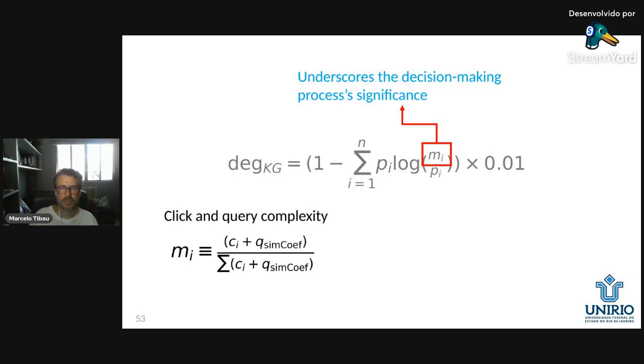And finally, the observation probability underscores the decision-making process significance because of the qualitative approach used on both the click and query.